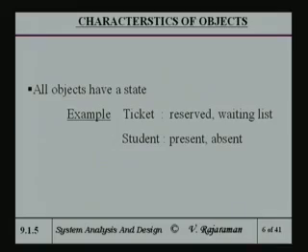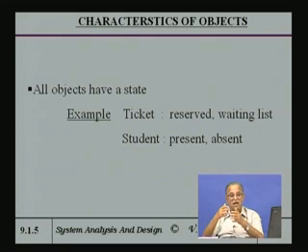All objects have a state. That is important. State is the state of, for instance, a ticket. An object like a ticket has a state like reserved or waitlisted. A student has present or absent, or if it is an examination kind of thing, student state may be passed or not passed or deferred.